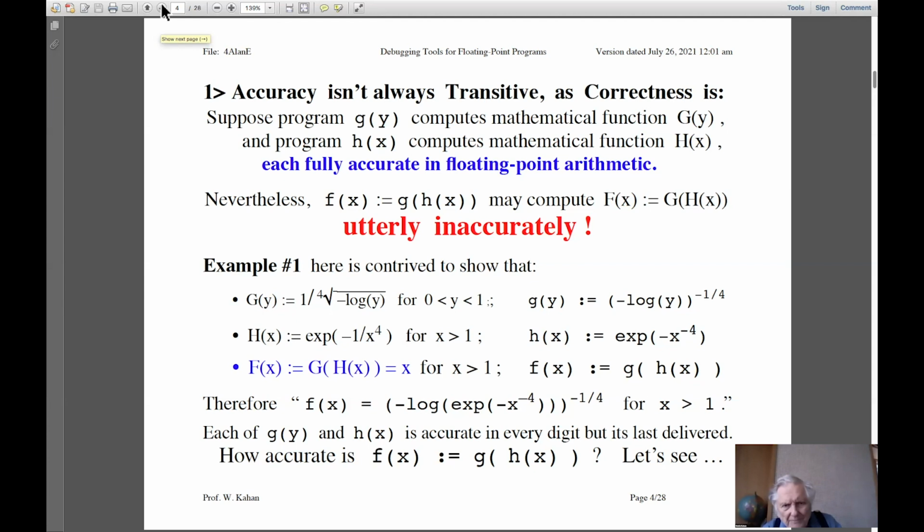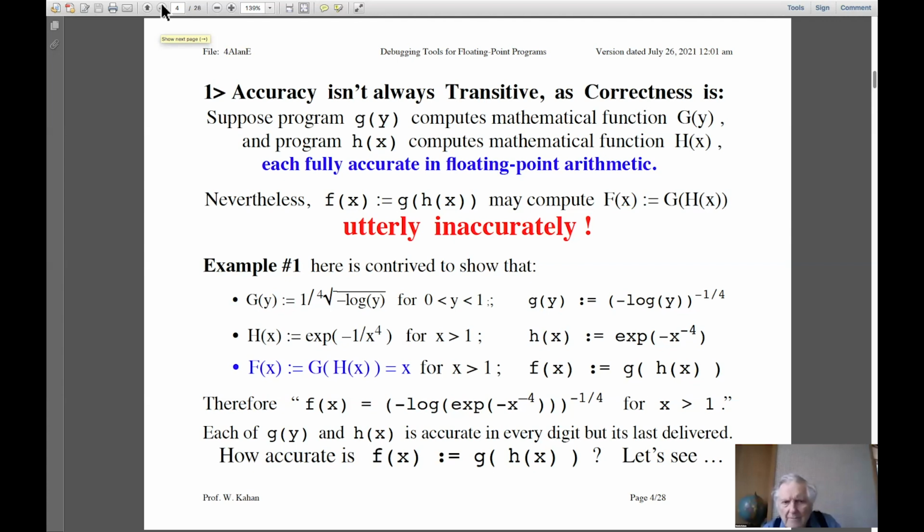Here's an example. I'm going to look at three functions. There is a function g, a function h, and when you compose g and h, so f of x is g of h of x. If g and h are accurate, correct within a couple of units in the last place, well, shouldn't f be accurate? And the answer is not necessarily.